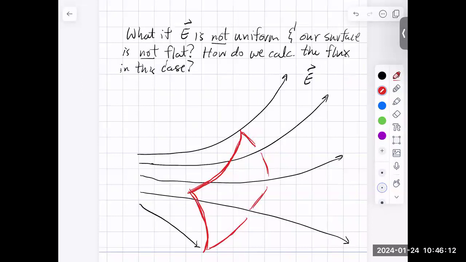So the strategy is going to be to subdivide this curved surface into small little patches of area. And we're going to make these patches small enough that I can treat an individual patch as being flat. And I can say that the electric field, although it's changing over a small little patch of area, is approximately constant.